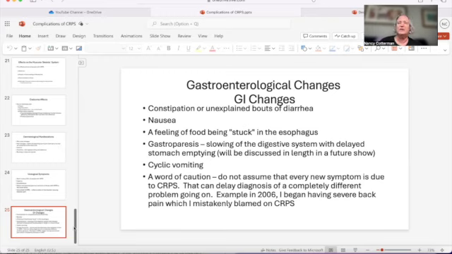When finally my neurologist wrote for an MRI, we found I had 2 blown discs. So that taught me a lesson to, no matter what the symptom is, even if you think it's related to CRPS, have it checked out so that you know for sure.